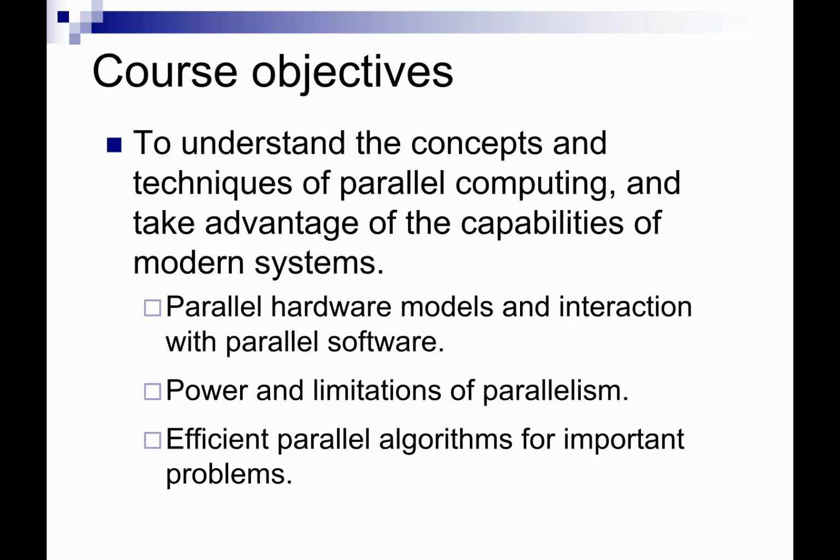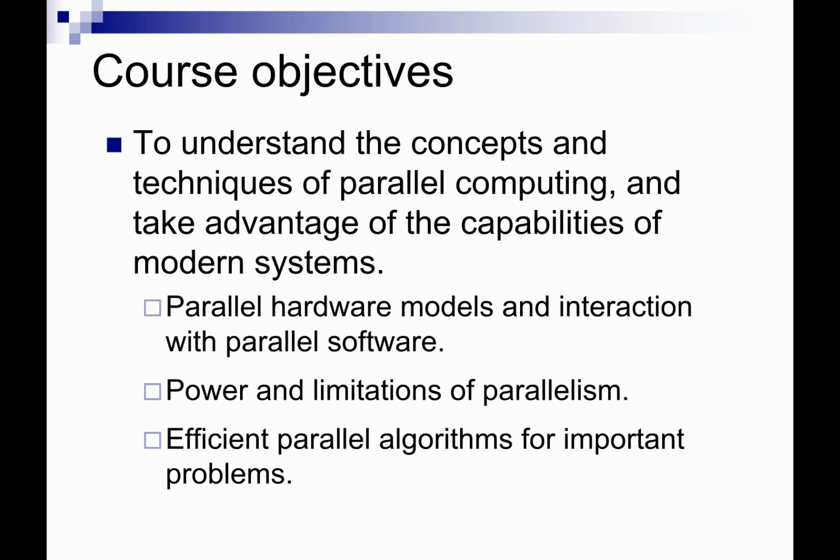Something else we'll talk about is both the power and limitations of parallelism. If you use parallel computing in the right way, you can get a lot of benefit out of it. But parallel computing is not a magic bullet for everything. There are certain limitations and challenges that we need to be aware of, and that's also something we'll cover.